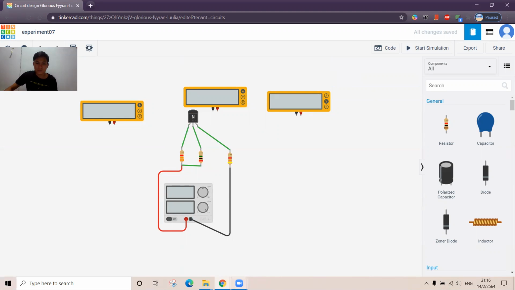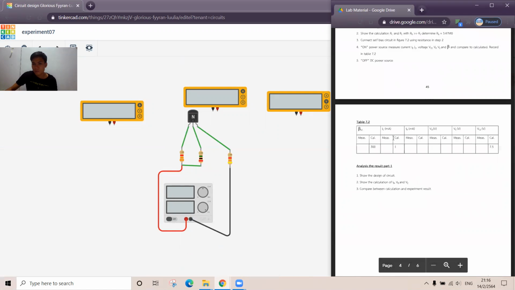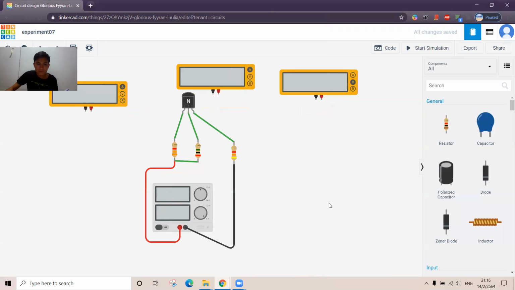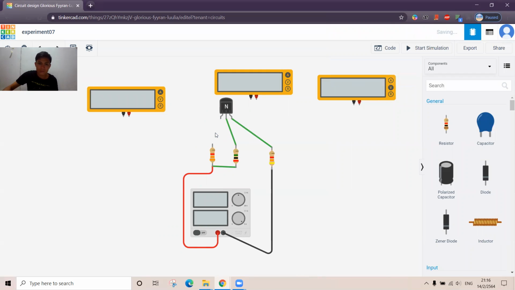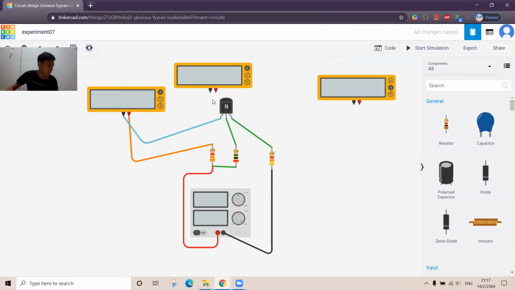And now we want to measure IC, IB, VB, VE, VC. So measure IC, this is positive. And also IB.